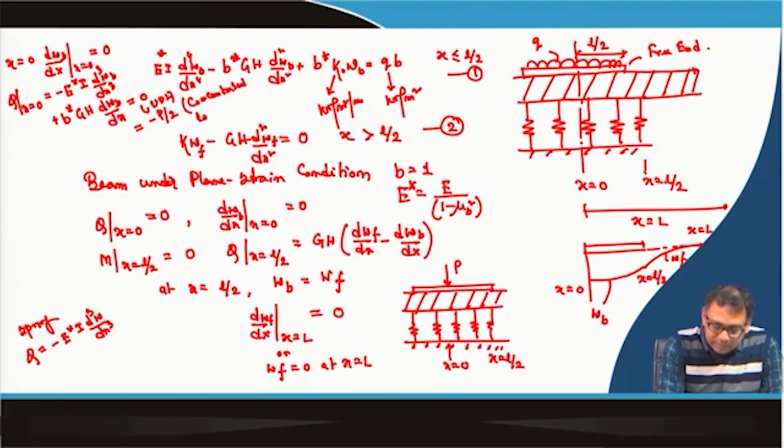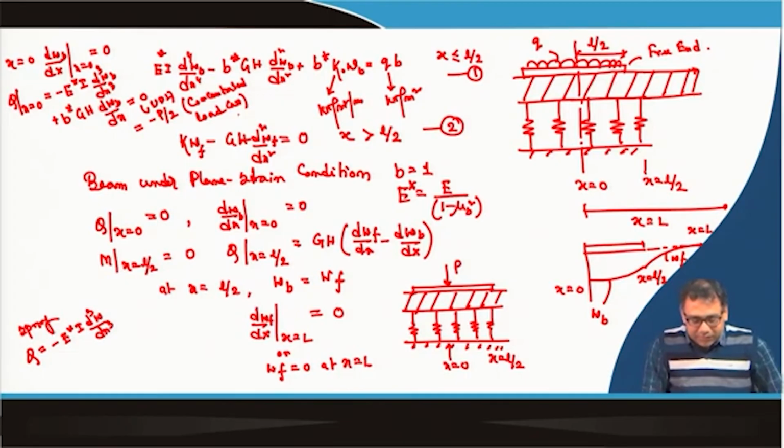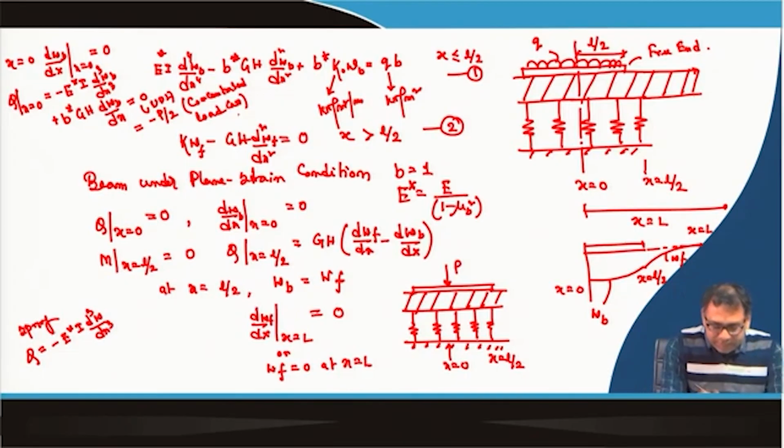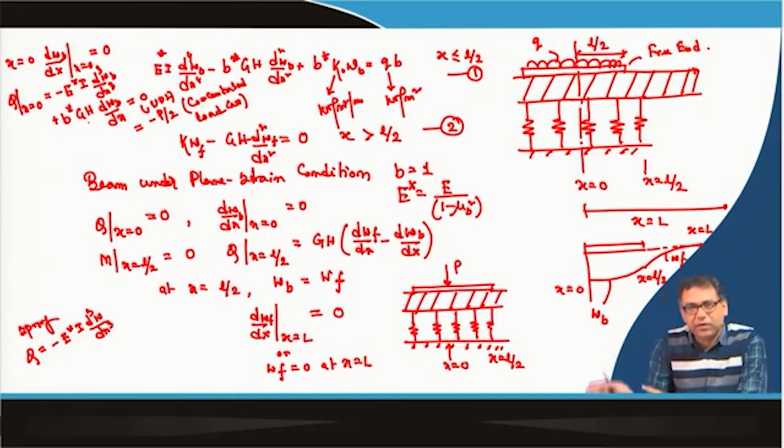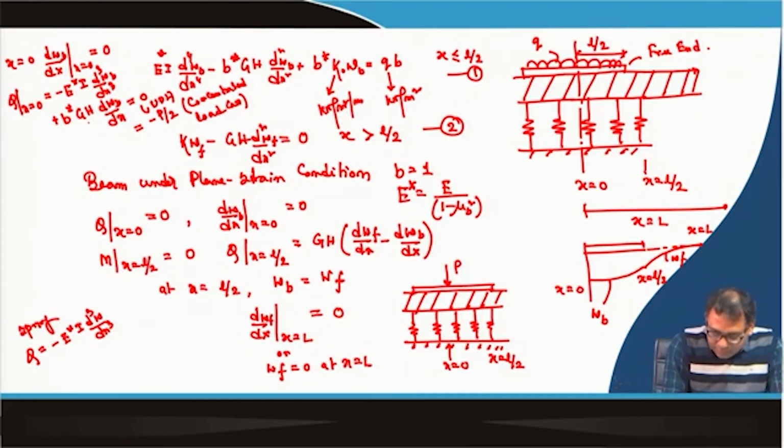But as dWb dx is 0 at x equal to 0, ultimately this part will be cancelled, but this is for the center only, not for the edge. Here also the moment M at x equal to L by 2 is equal to 0.